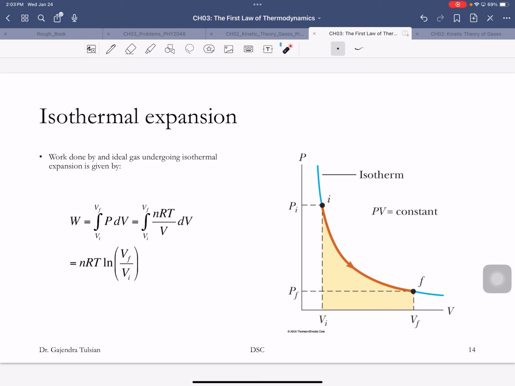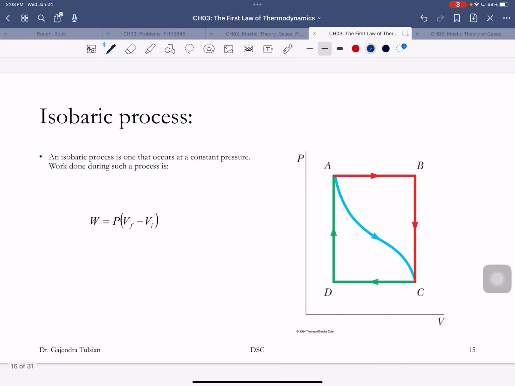Okay. And if the gas was at a higher temperature, the curve would be somewhere there, and the area, the work done, would be higher, okay? So if the temperature were higher, the work done would be higher.